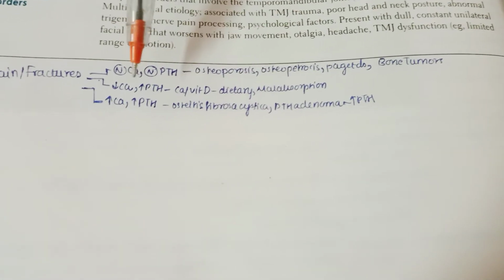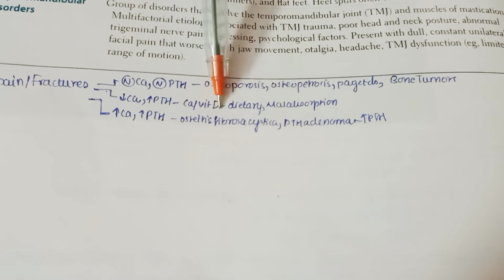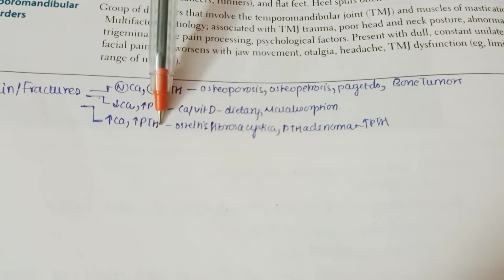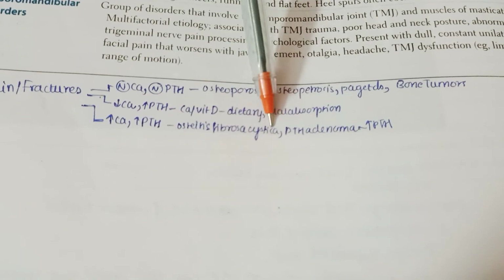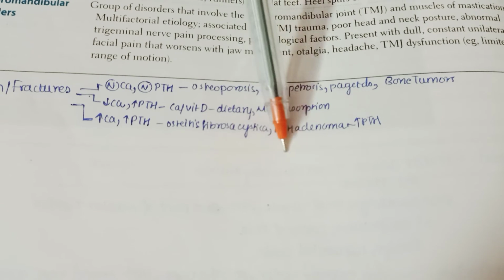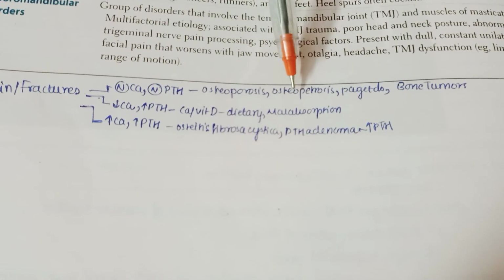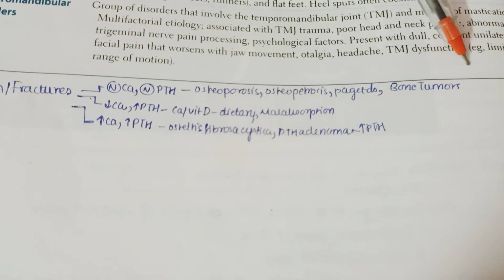Next, decreased calcium with increased parathyroid is seen in calcium and vitamin D deficiencies and also in malabsorption. Increased parathyroid and increased calcium is seen in osteitis fibrosa cystica and also where there is a PTH adenoma, so there is increased PTH. So normal calcium and normal parathyroid are seen in osteoporosis, osteopetrosis, Paget's disease, and bone tumors.